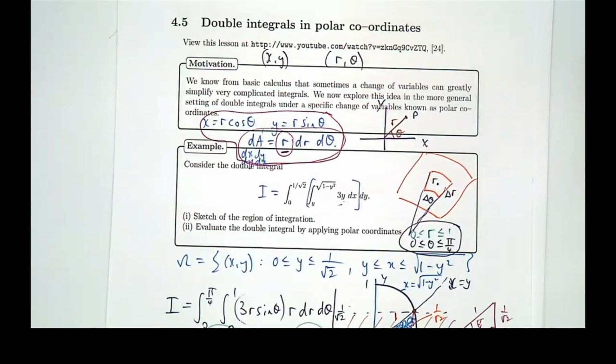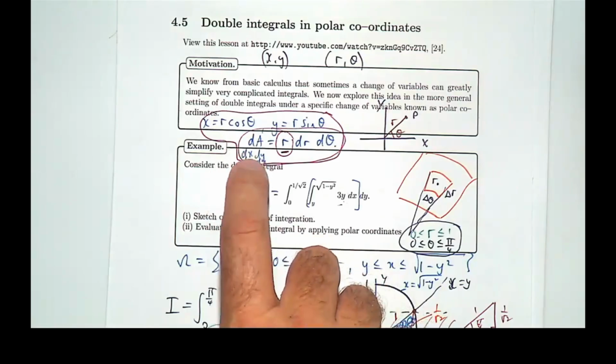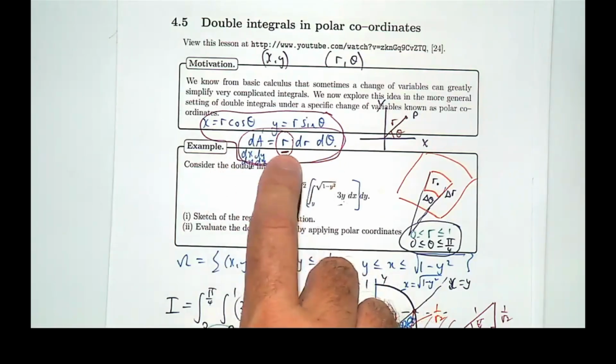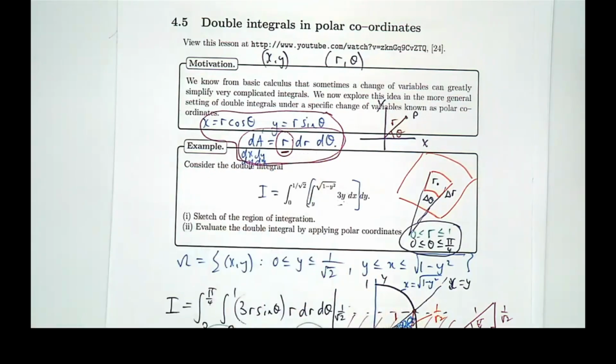We're using coordinates in terms of length r and angle theta. Okay. And instead of having dx dy or dy dx as your area element, over here, this is the area element in terms of polar coordinates, okay?